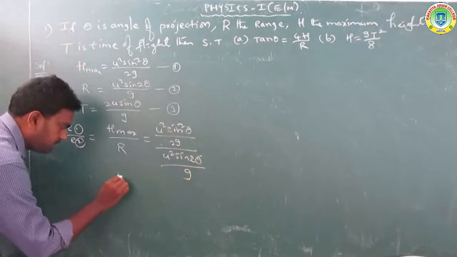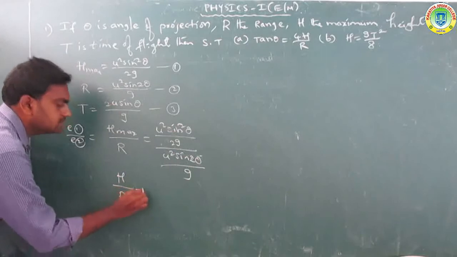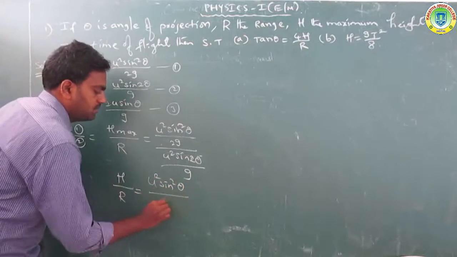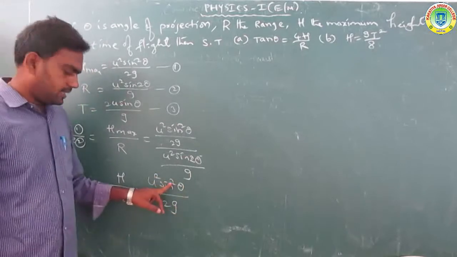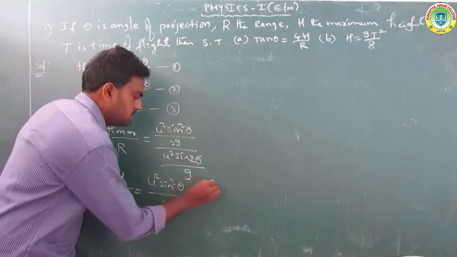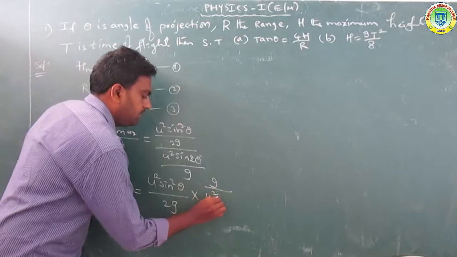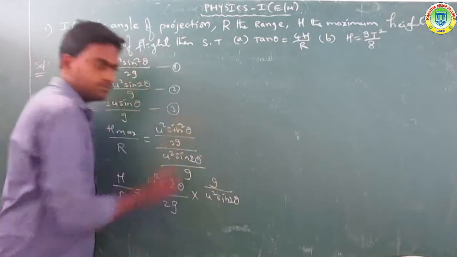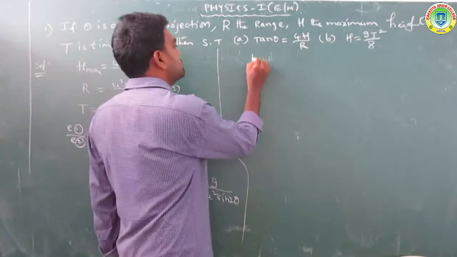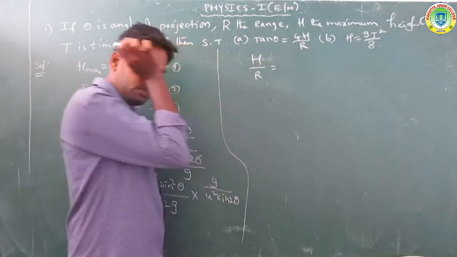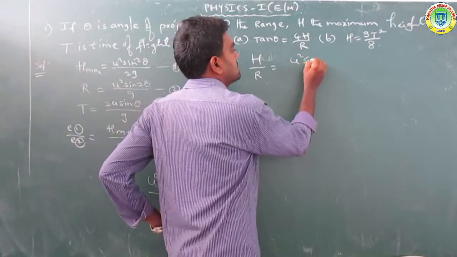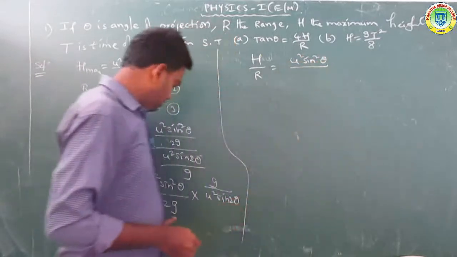The denominator is taken in reverse, so g by u square sin 2 theta. Now the simplification: h by R is equal to u square sin square theta by 2g.